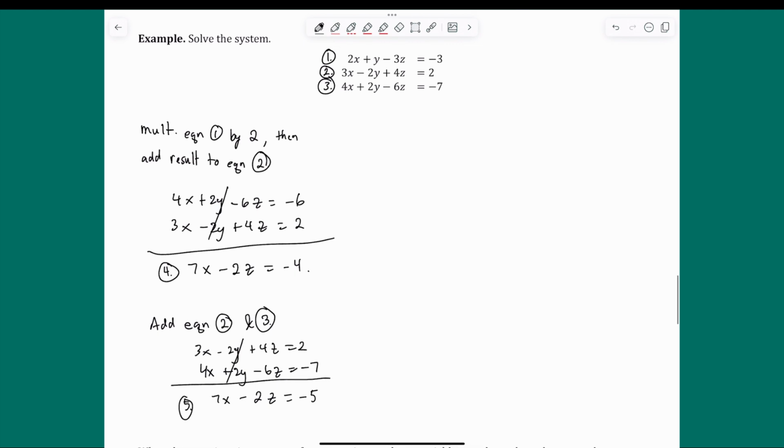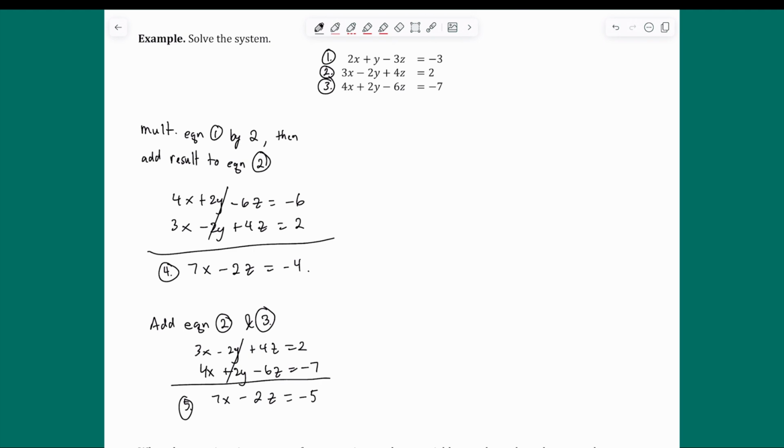And now we can see we have a new system here, 2 equations and 2 unknowns. One thing to note is the left-hand sides are both identical, and they're equaling 2 values that are not the same on the right-hand side. So this probably is going to mean we're going to get some kind of inconsistency here, because you can't have one side equal the same and the right-hand side equal to another value. Not possible.